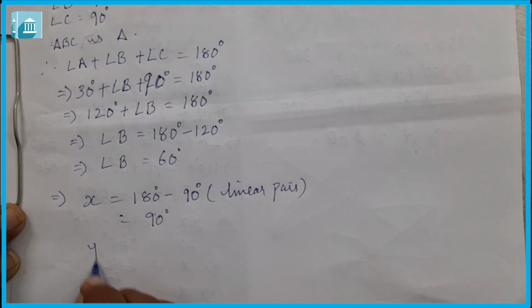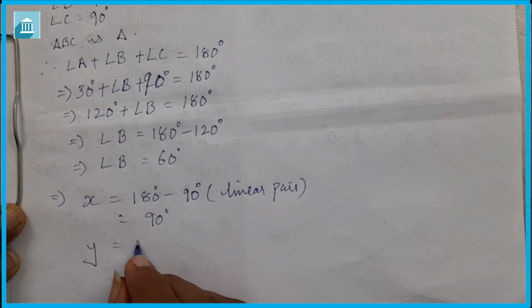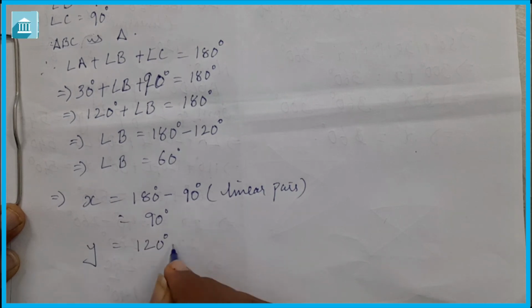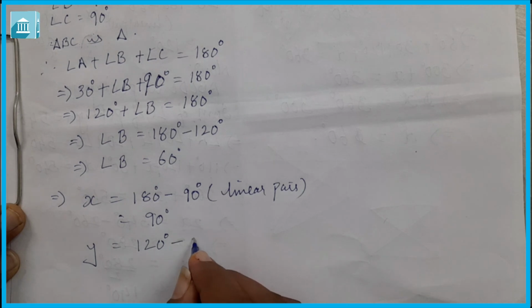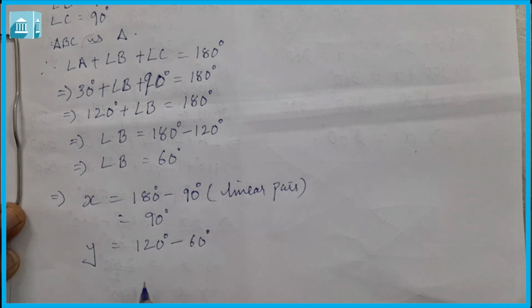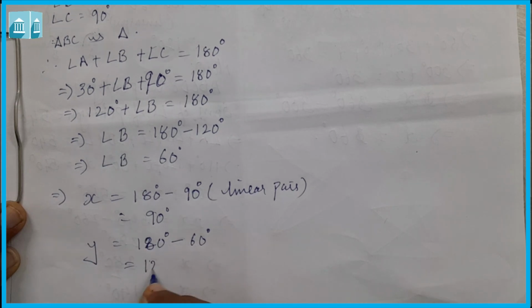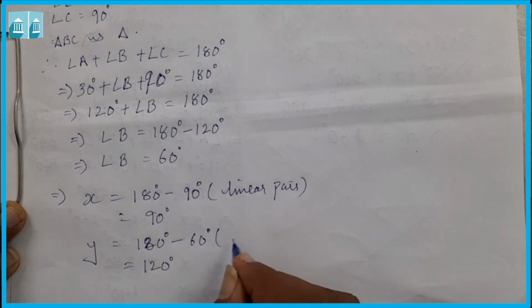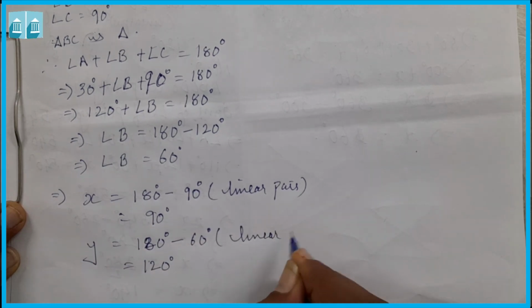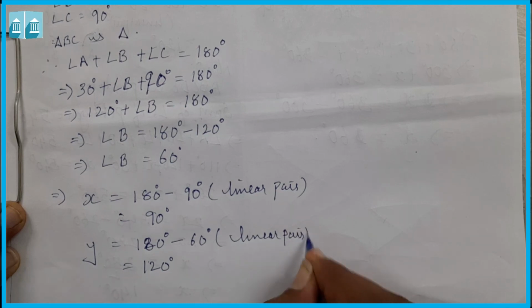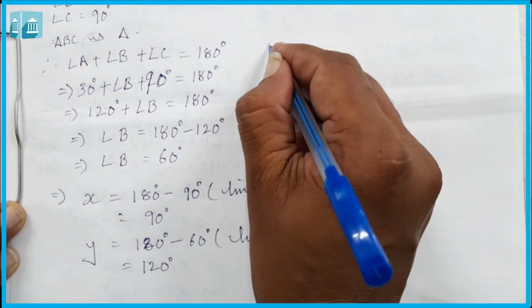Then y is equal to 180 degrees minus 60 degrees, which is equal to 120 degrees. This is also again a linear pair.